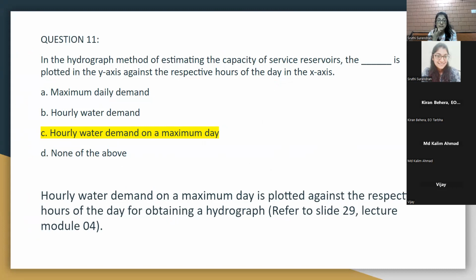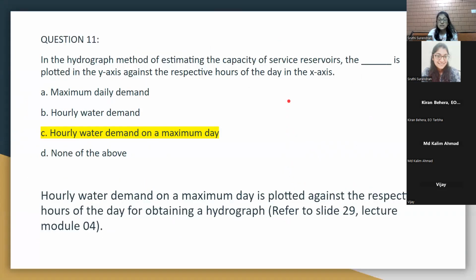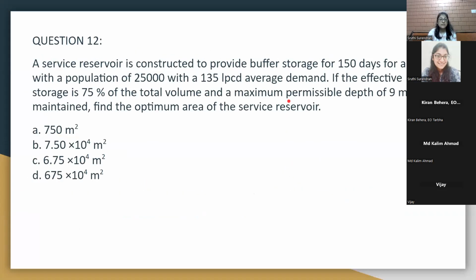A hydrograph always has rate versus time. You can see the unit over here is liters per hour. It is the rate of flow of water, the rate value that is being plotted on the y-axis, and that too the hourly water demand on a maximum day.